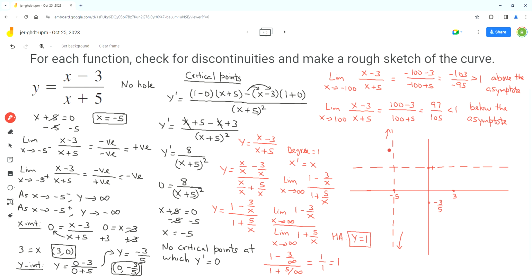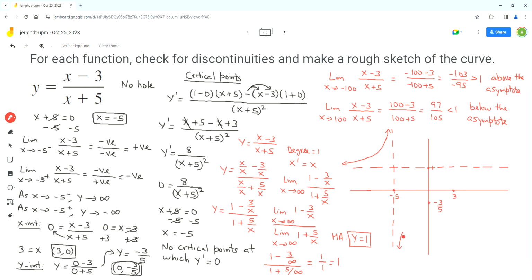That means on the left side of the vertical asymptote, we can sketch the curve like this. We can see that the curve is approaching the horizontal asymptote from above on the left side. And on the right side, the curve has to approach the horizontal asymptote from below.